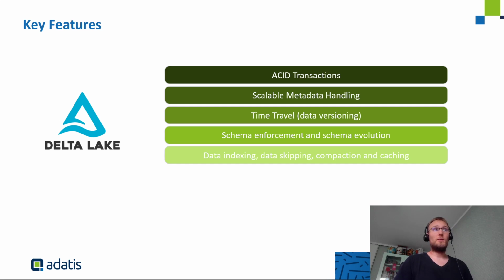And we have also compaction and caching. When we have thousands of files, it takes a long time to open all the files, to read the metadata and to scan the data. So regularly, if we have auto compaction, or if we run it manually with the optimize statement, we can run the compaction.